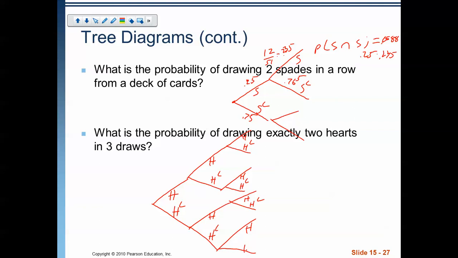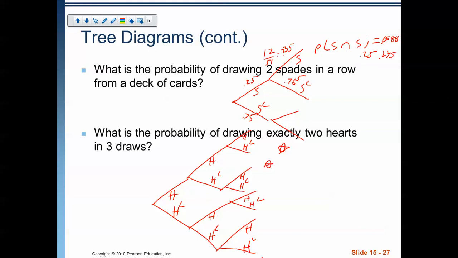Notice that tree diagrams can get messy really fast. Let's just calculate the ones that I need, the ones that are exactly 2 hearts. I don't want to go through all this extra work. So, heart, heart, no heart. I need this one. I need heart, no heart, heart.